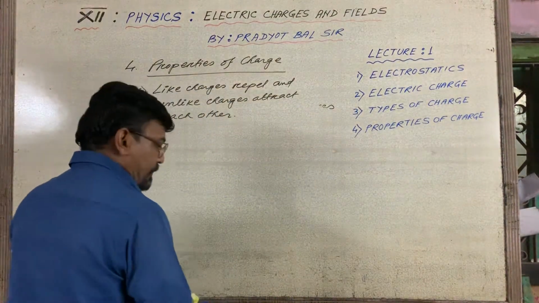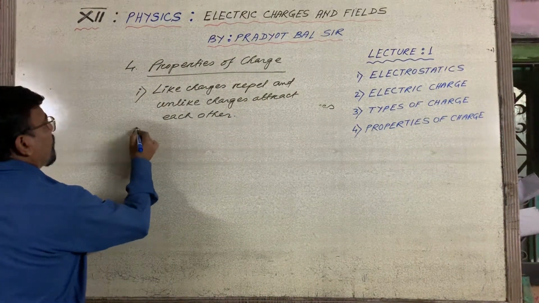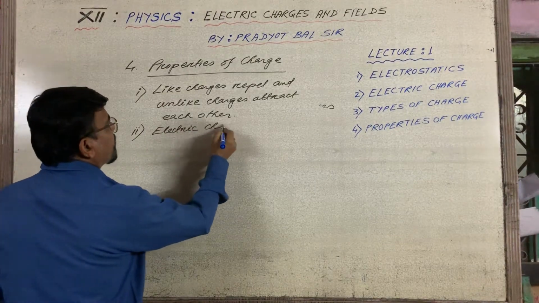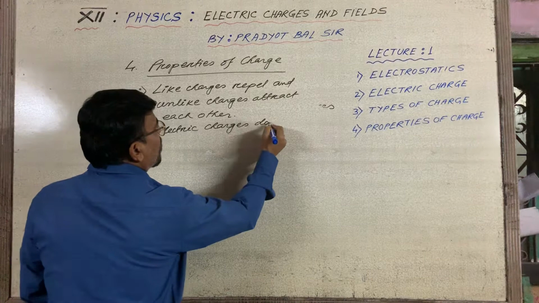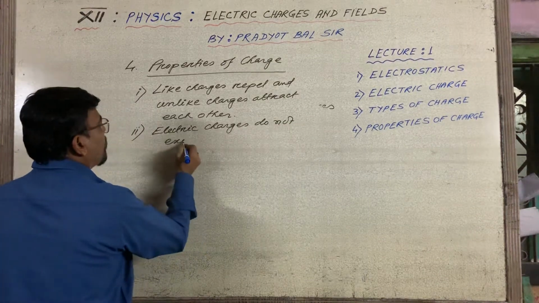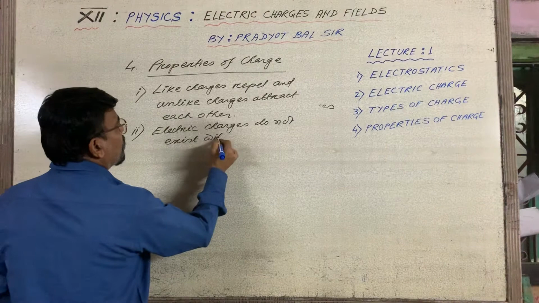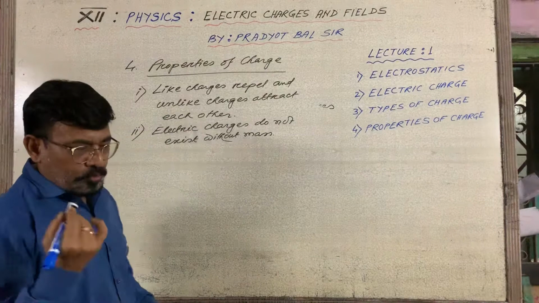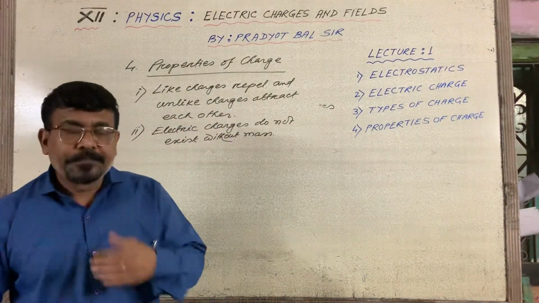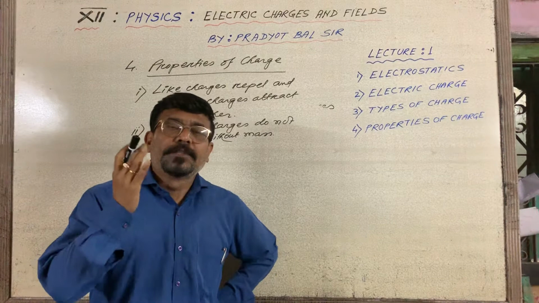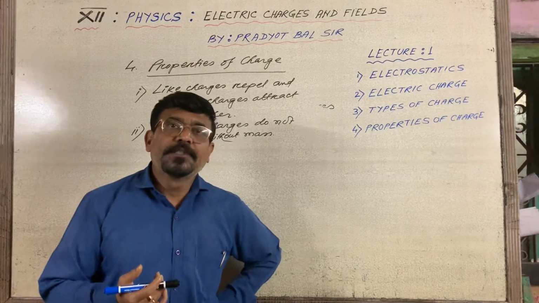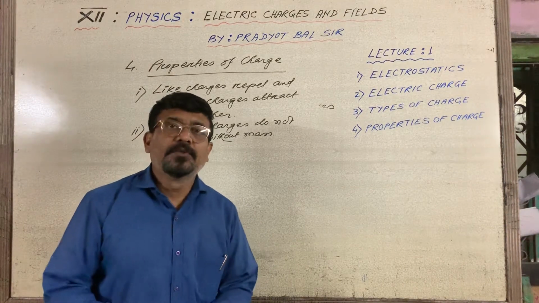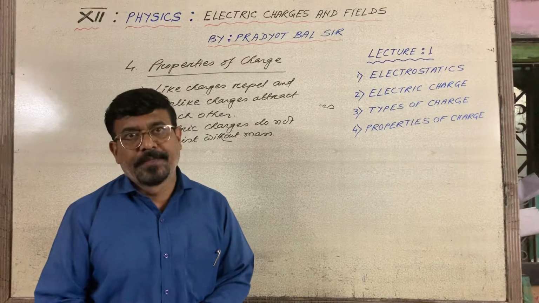Next, number 2: electric charges do not exist without mass. Try to understand the meaning. That means the charge, however small it may be, must have some mass. Without mass, no charge can exist.